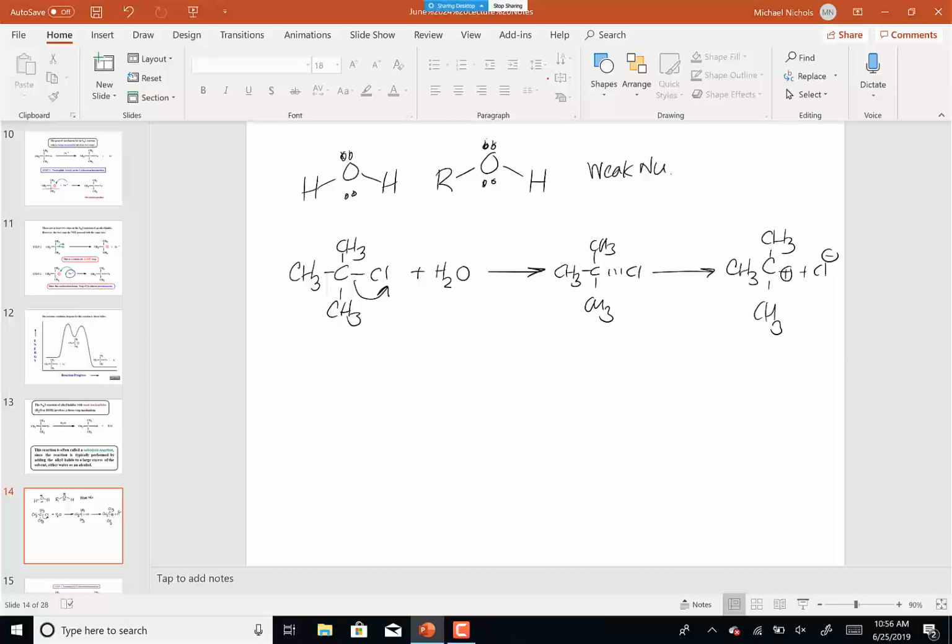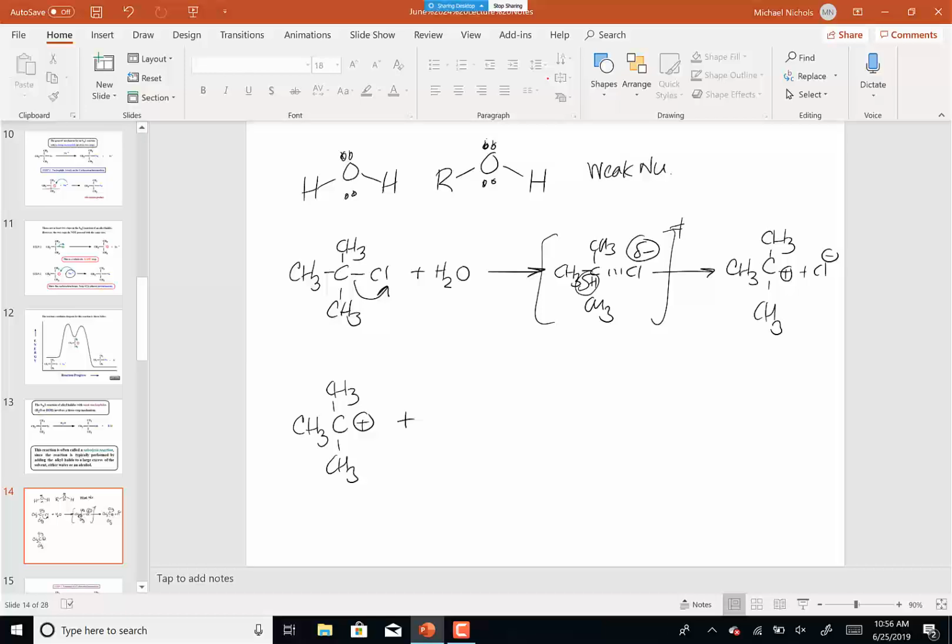Any charges? Partial positive on the carbon, partial negative on the chlorine, and I'm forming my carbocation. I'm going to write the carbocation down here.